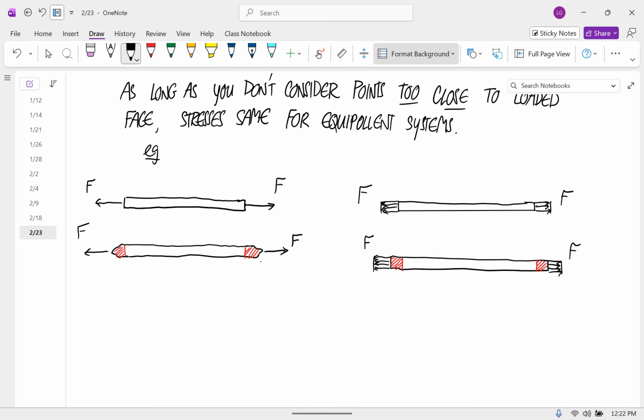Okay, and so in this class, we're going to a lot of times do idealized versions where we're replacing a loading environment with an equipollent set of loads. That's okay as long as we just remember not to trust our values right next to where the load is happening. Then the next question is, how close is too close?